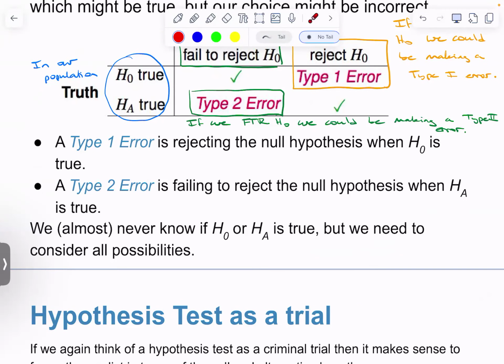The easiest way to decrease the probability of making a type 1 error is to decrease your alpha level, right? Makes it harder to reject H naught.